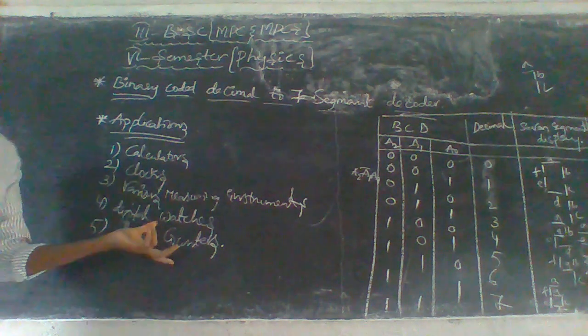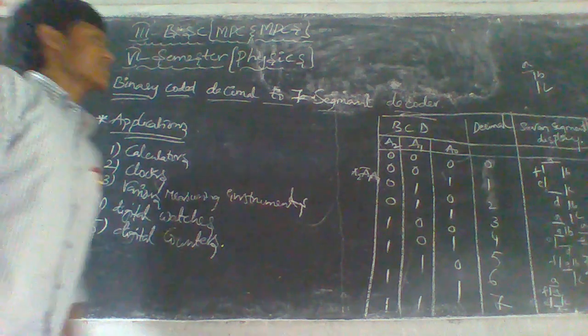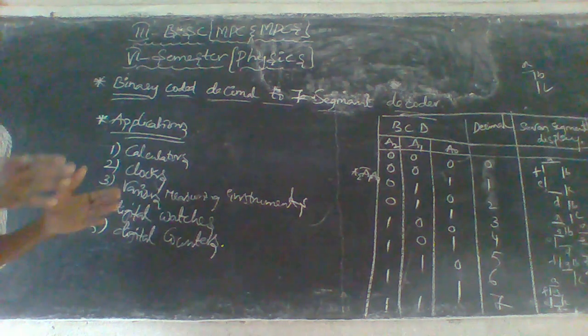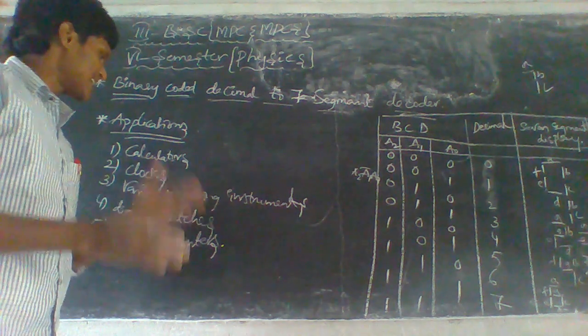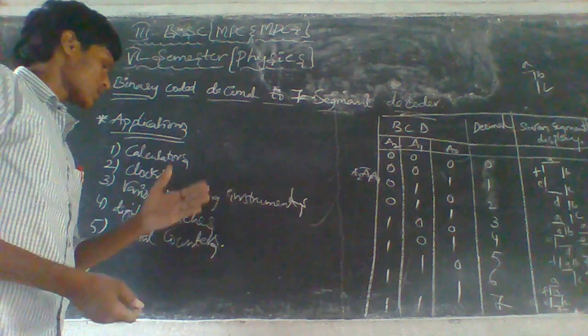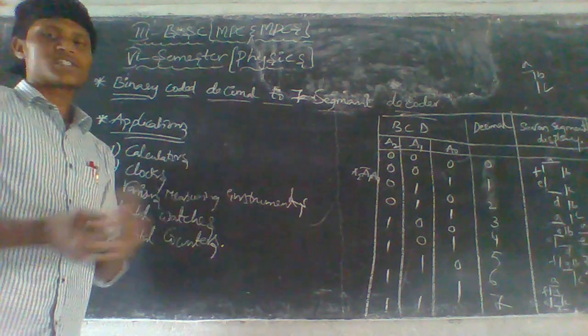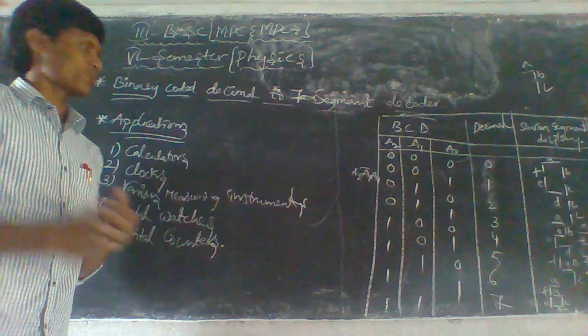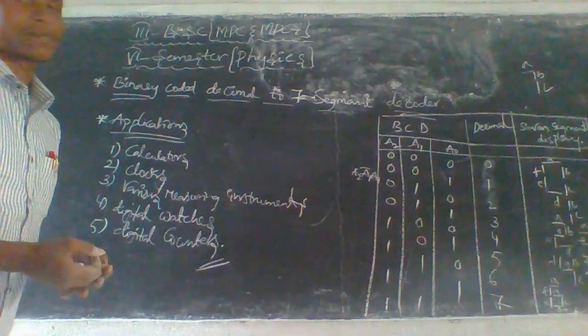So here these are the main applications of 7 segment display. Calculators, clocks, various measuring instruments, digital watches, digital counters, etc. Okay. So here these are the main applications of 7 segment display.